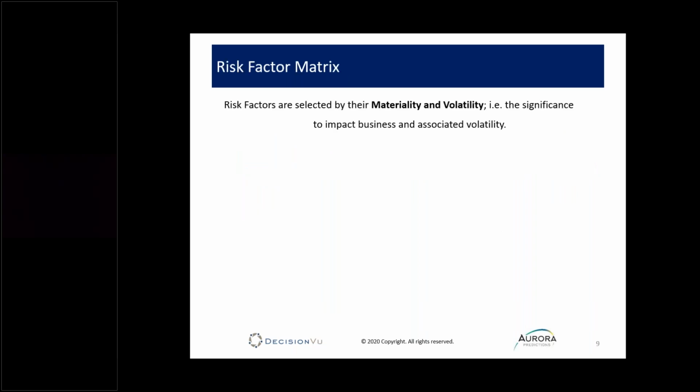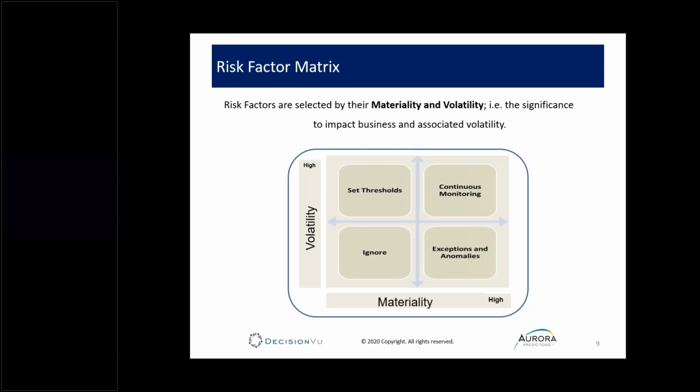Okay. Now, with regard to risk, when you're thinking about your risk factors, you can use this simple matrix. The x-axis is what we call materiality, and the y-axis is volatility. So in the lower left-hand quadrant, there's something called ignore.